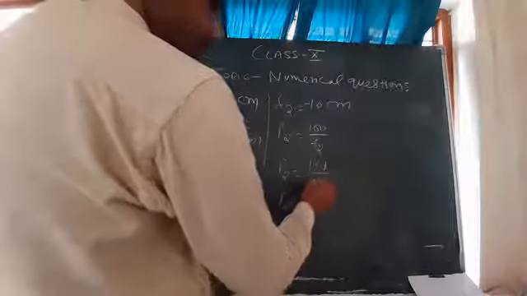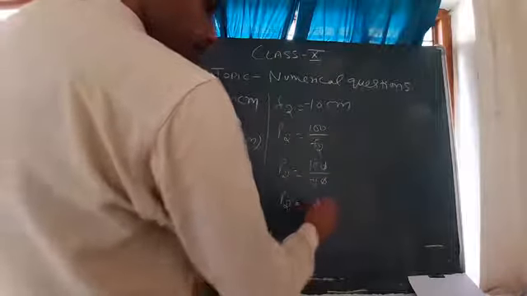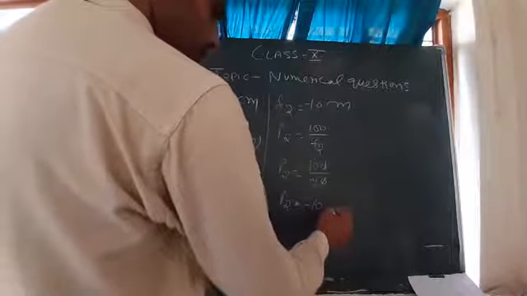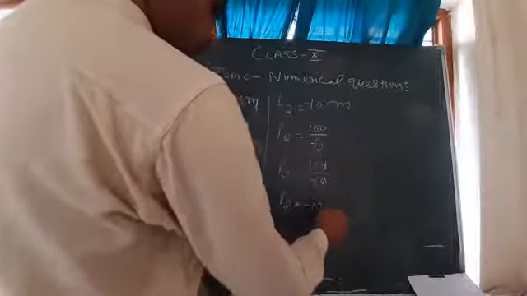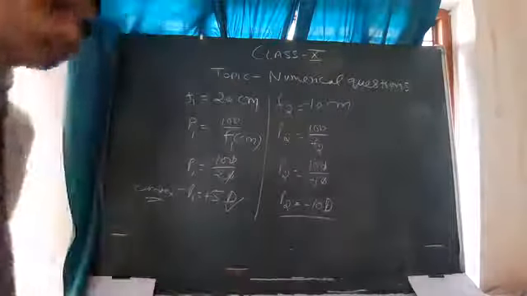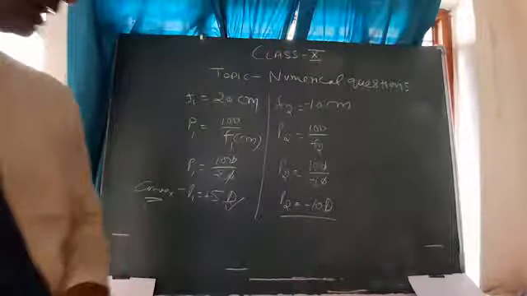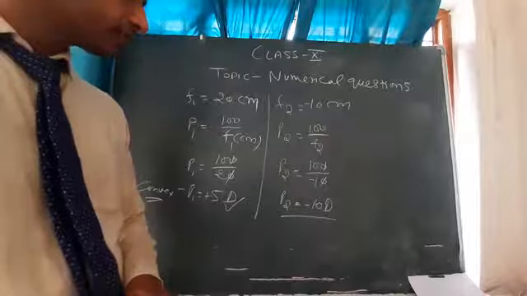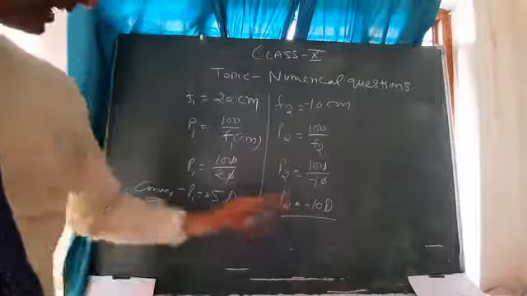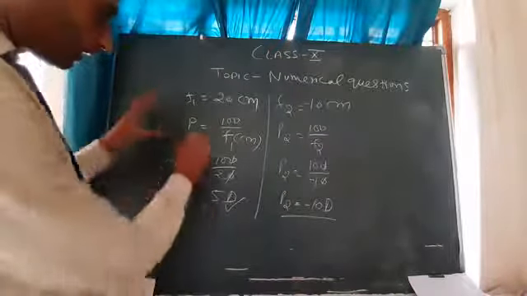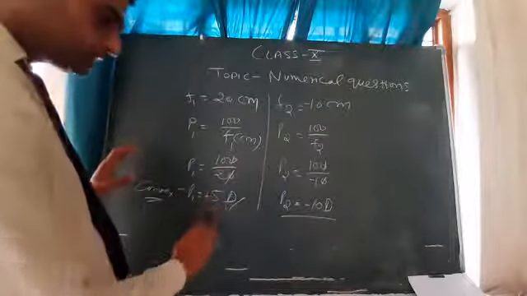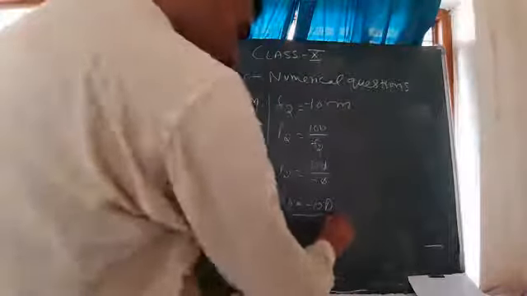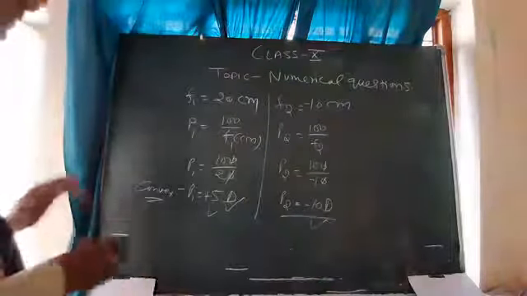So P2 equal to 100 upon minus 10, which is minus 10 diopter. It means the power of the first lens is 5D, and for the second lens the power is minus 10D.